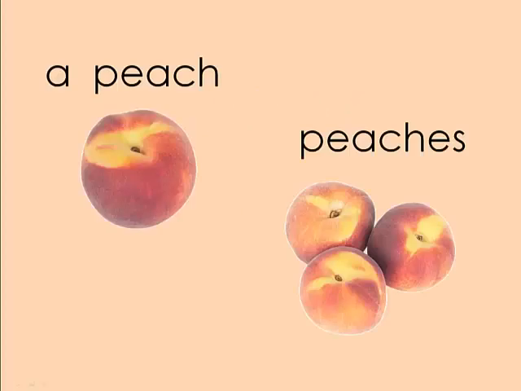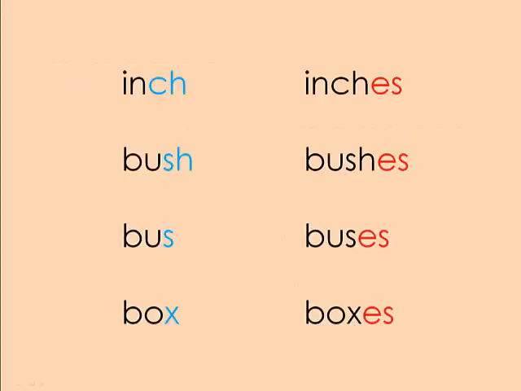So 1 peach, the last 2 letters are ch, so we add es, peaches. Inch, bush, bus, box: ch, sh, s, x. We add es to make a plural.